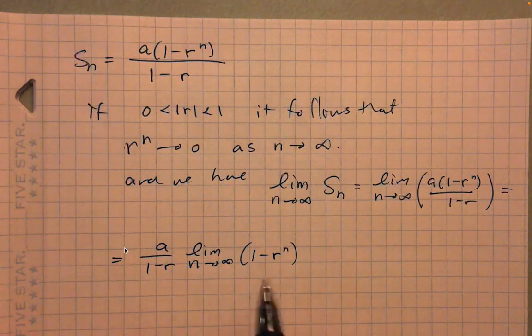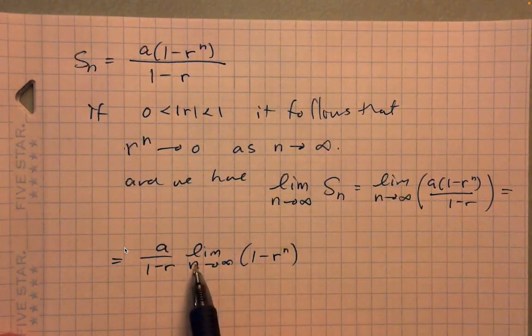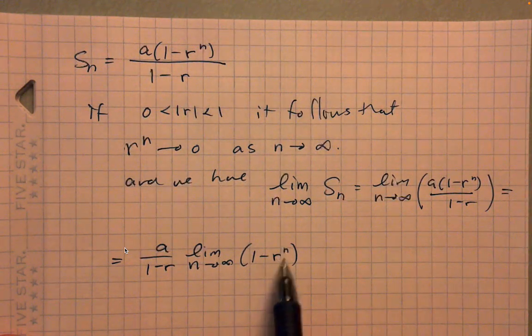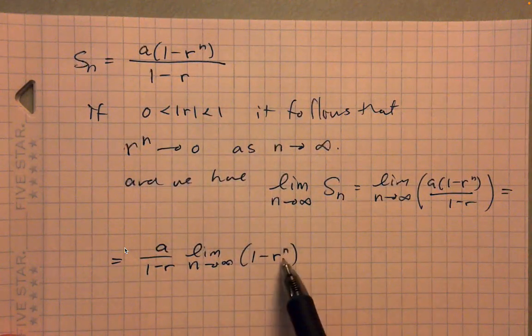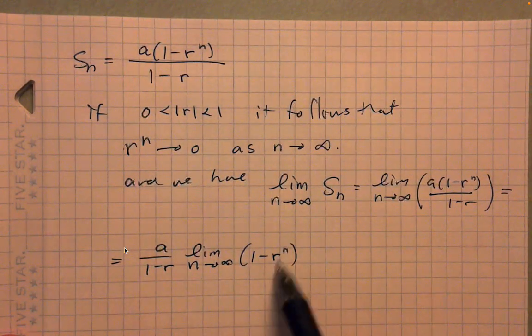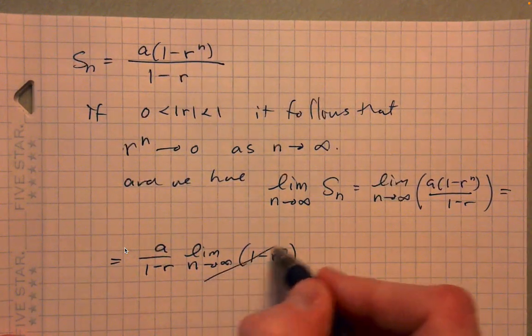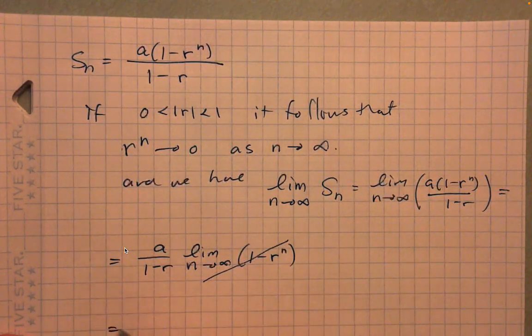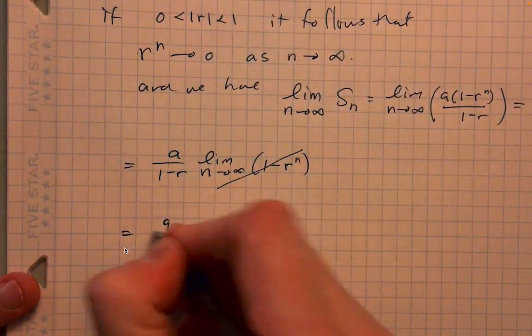So this would be 1 minus r, because remember, r is a fraction. It's between 0 and 1, right? So when you exponentiate it and that exponent goes to infinity, then this whole piece here. Oh, sorry, I do need to break it up first. My bad. I apologize. A over 1 minus r.